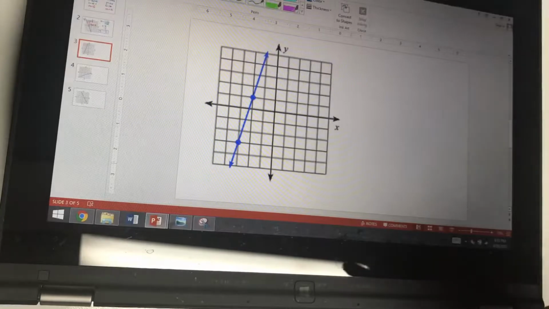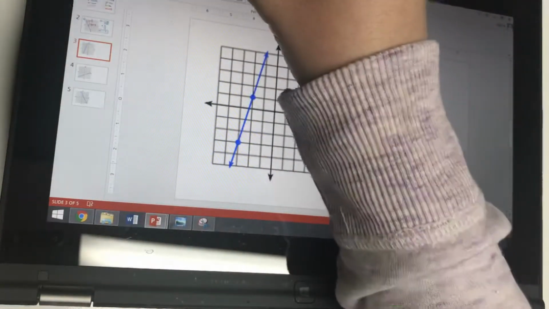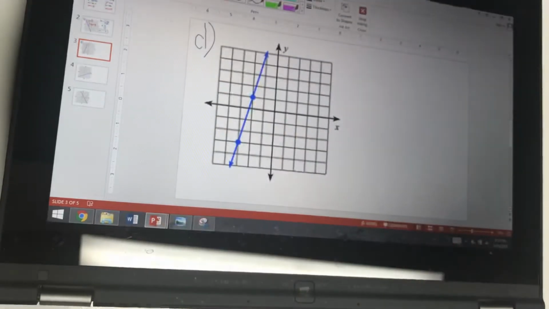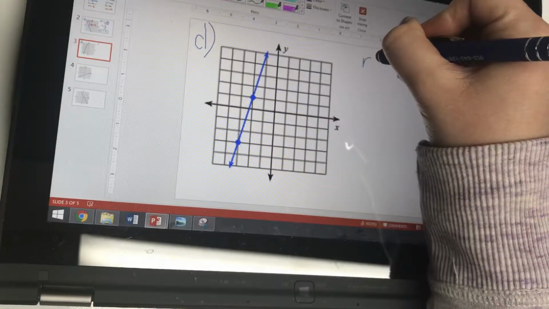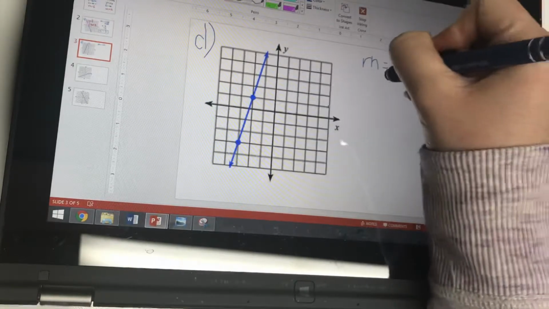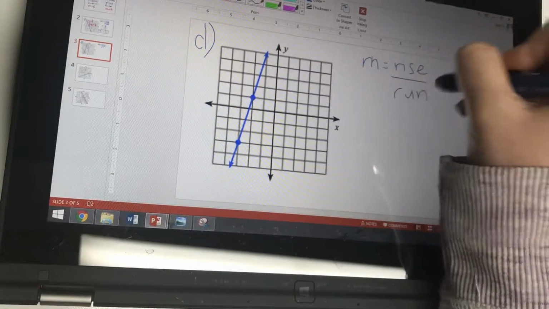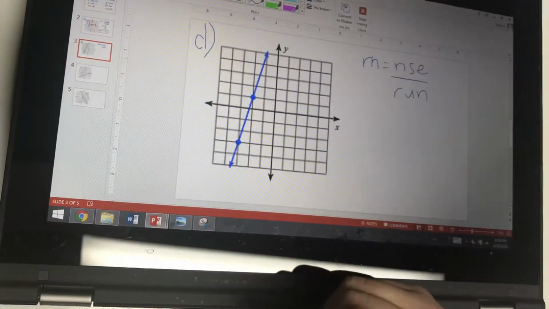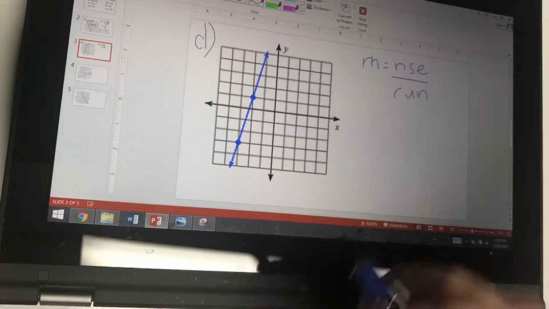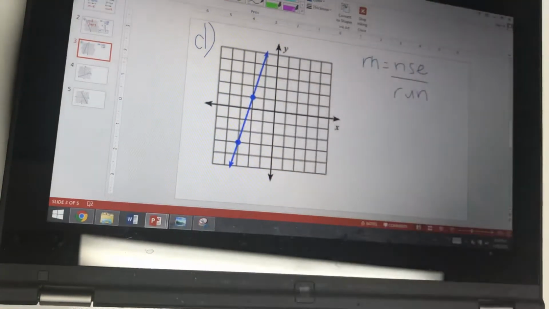Once again, I'm trying to find the slope between these two coordinates. So I'm going to look at my rise and my run. So when you're given a graph, our slope is calculated using the rise over the run. So I'm looking at, imagine like the grid is a path and you're looking at how many units it'll take to go up and to the right before you get to the next point.